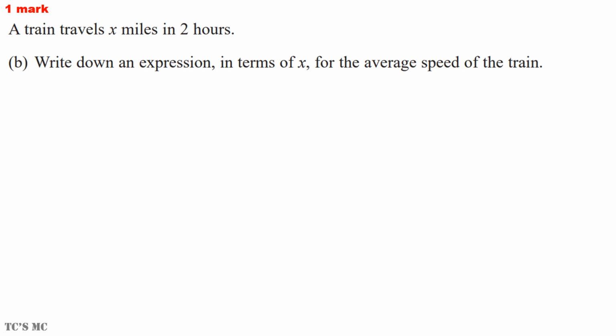A train travels X miles in 2 hours. Write down an expression in terms of X for the average speed of the train. For speed, we need distance and time. We know that the train travels X miles in 2 hours. Speed will be miles per hour, so we want the time to be 1.